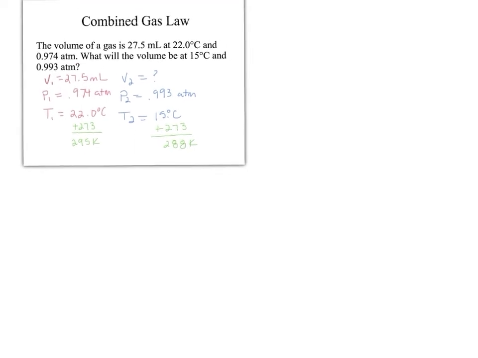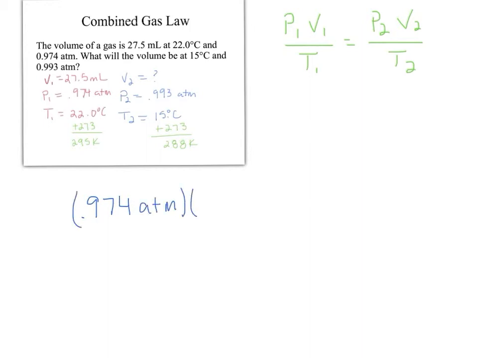My equation is P1 times V1 over T1 equals P2 times V2 over T2. P1 is 0.974 atm times V1, 27.5 milliliters, divided by 295 Kelvin.